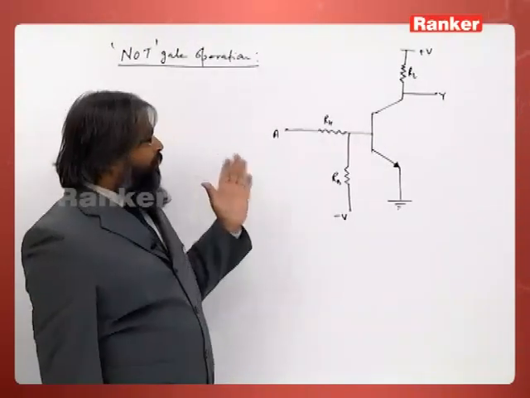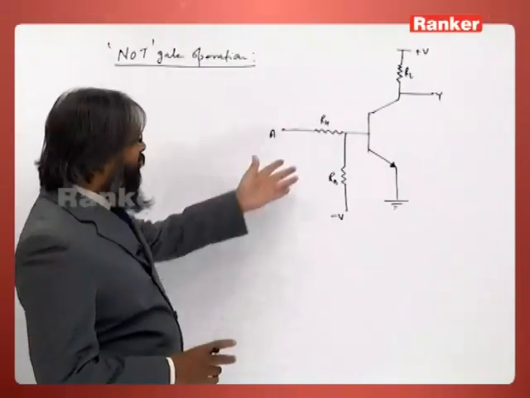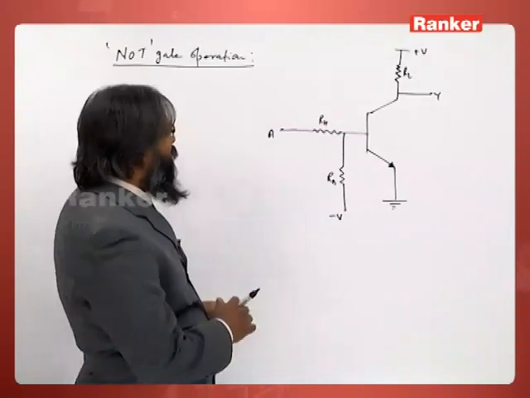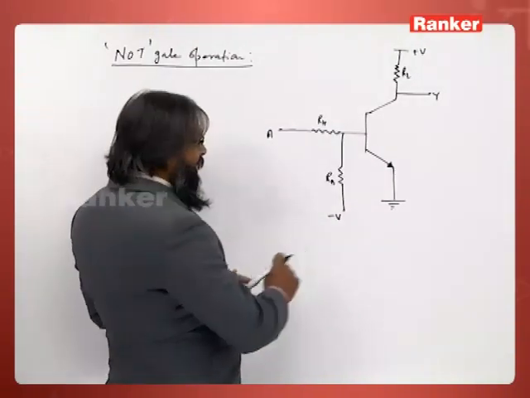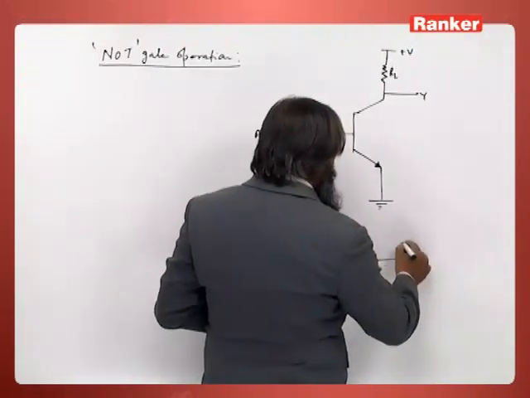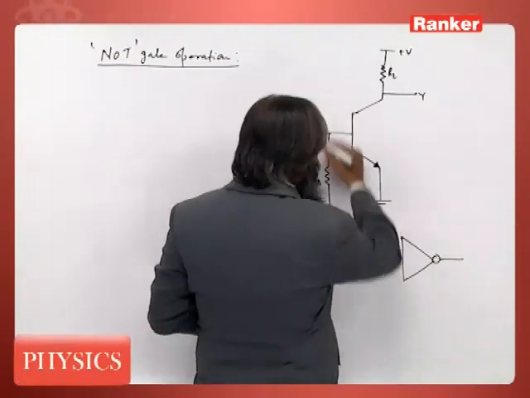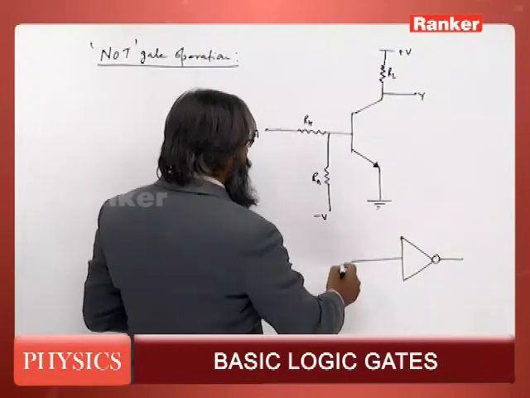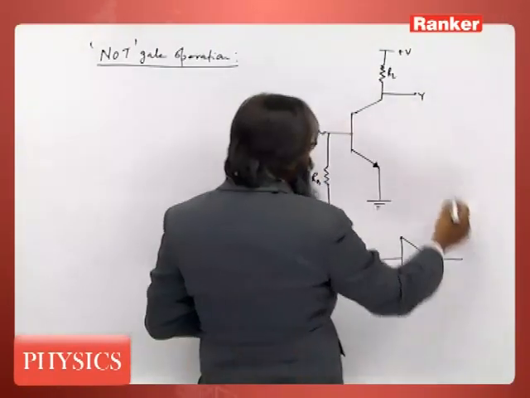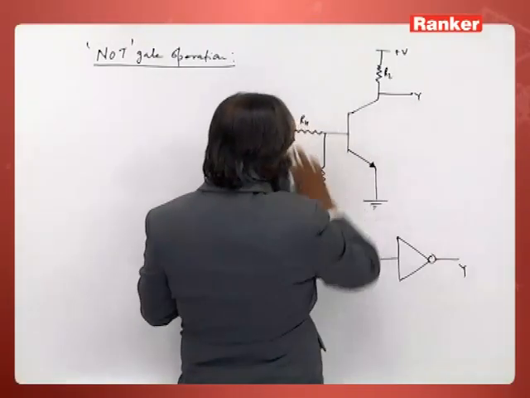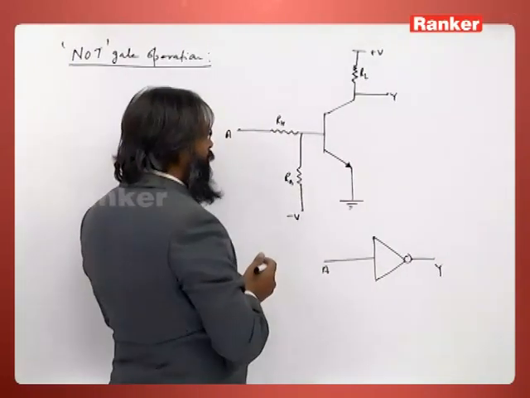Now this is a transistor circuit which is inside a NOT gate. Inside this NOT gate we have a transistor circuit like this. This is the input A and the output is taken like this. So this whole circuit is embedded in the gate.